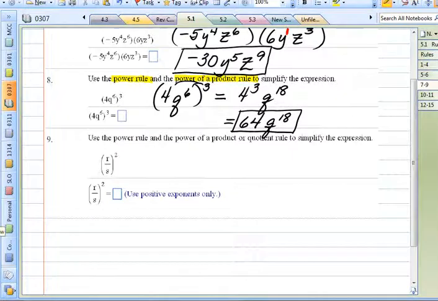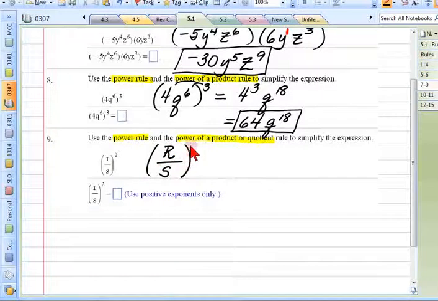The last question says to use the power rule and the power of a product or quotient. All right, let's see what in the world that's talking about. I have R over S quantity squared.